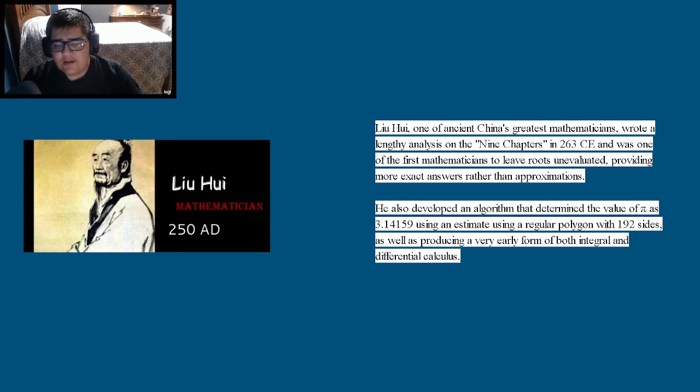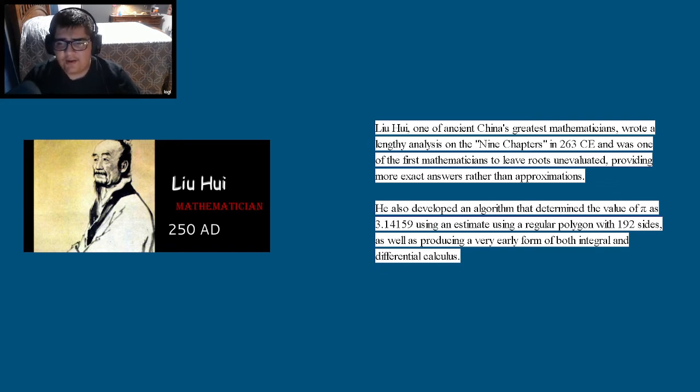Liu Hui, one of ancient China's greatest mathematicians, wrote a lengthy analysis on the Nine Chapters in 263 CE, and was one of the first mathematicians to leave roots unevaluated, providing more exact answers rather than approximations.